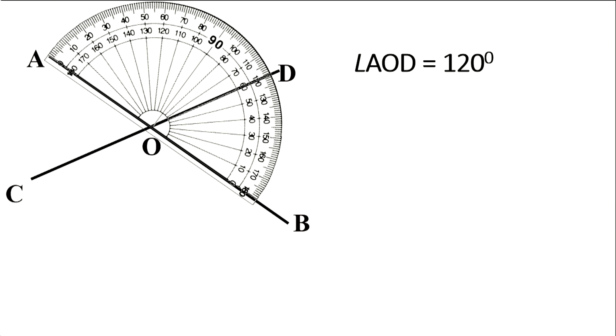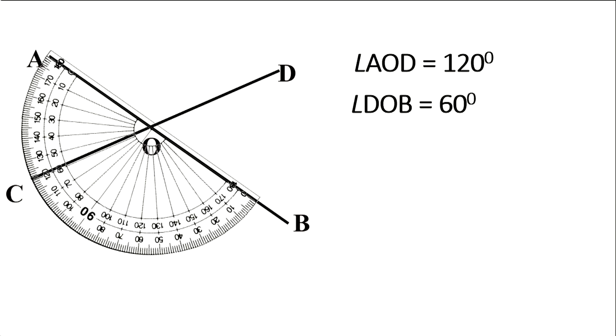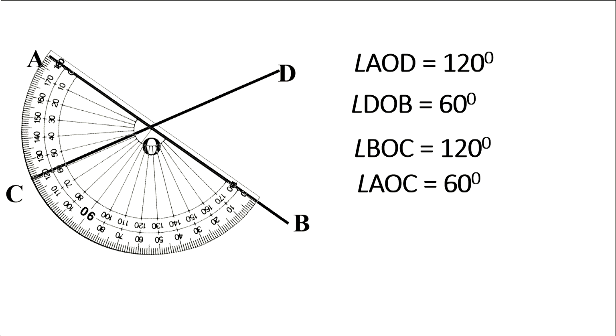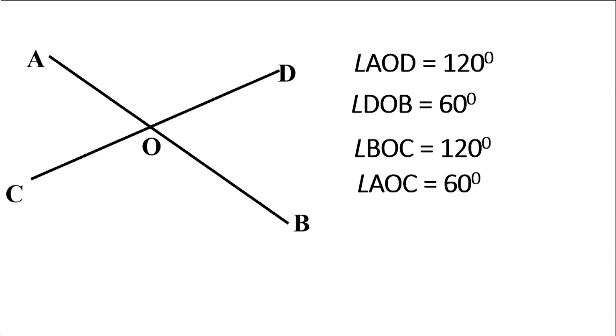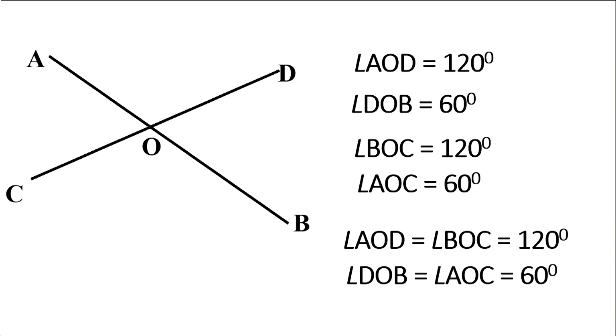Angle AOD is 120 degrees, DOB is 60 degrees. Similarly, angle BOC is 120 degrees and angle AOC is 60 degrees. Here you are seeing pairs of angles equal to each other: angle AOD is 120 degrees, similarly angle BOC is 120 degrees, and angle DOB is 60 degrees, similarly AOC is equal to 60 degrees.